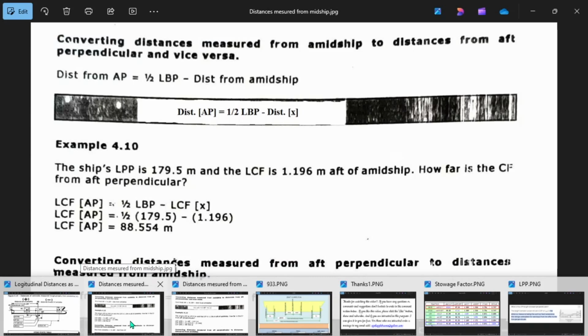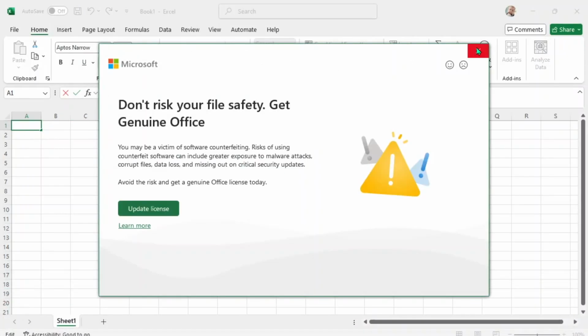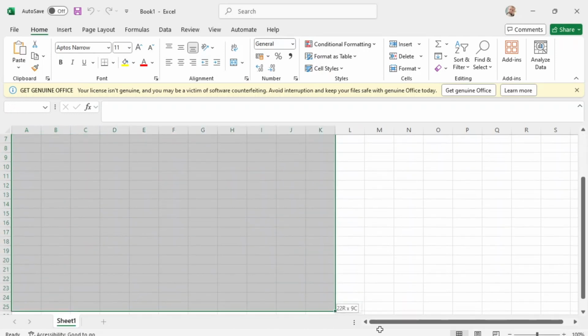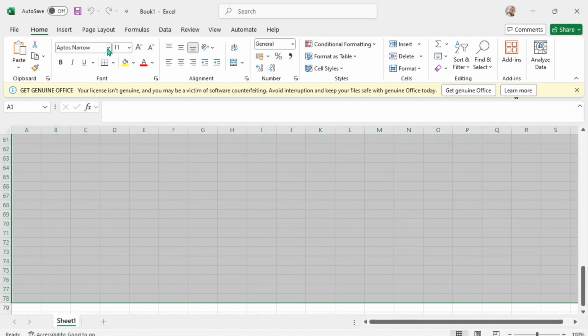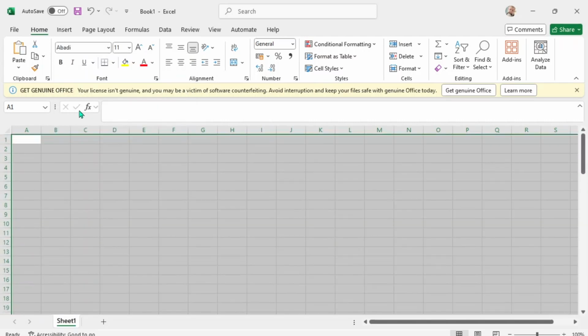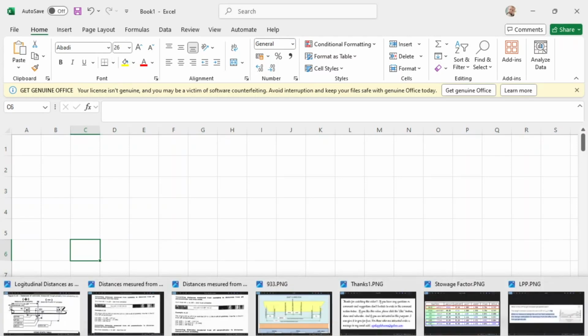The problem says 1/2 of LBP, 179.5. Okay, check here. So how much is the LBP?